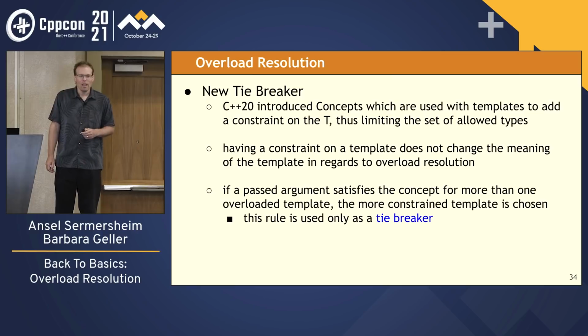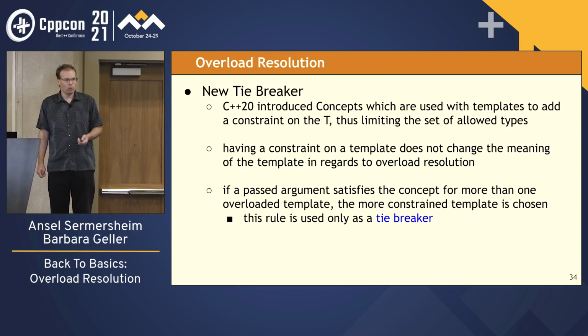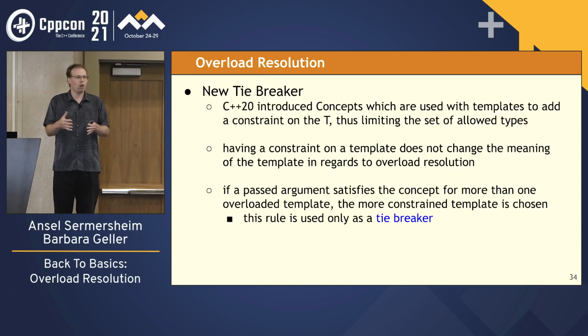Okay, going on. There's a new tiebreaker rule that was added in C++20. This is where concepts play into the overload resolution process. If you're not familiar with concepts, it's a new feature in C++20 that allows you to specify a concept for a template to constrain the T. So it limits the set of data types that are allowed to be used with that template.